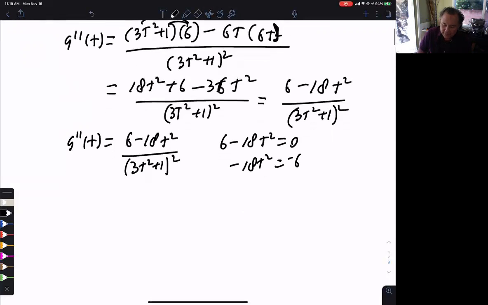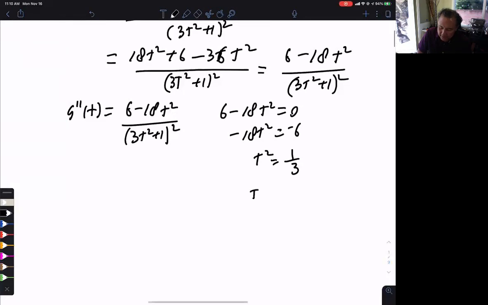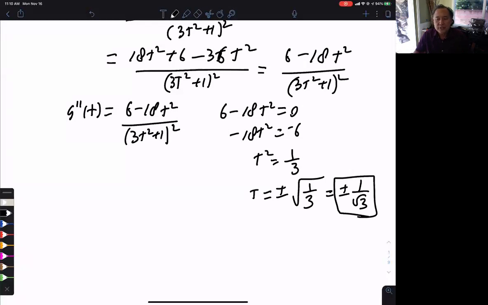Divide both sides by negative 18. Square root both sides. Do not forget the plus or minus. And I'm going to rewrite this as plus or minus 1 over radical 3. So those are the two places where my concavity could change and I could have an inflection point.